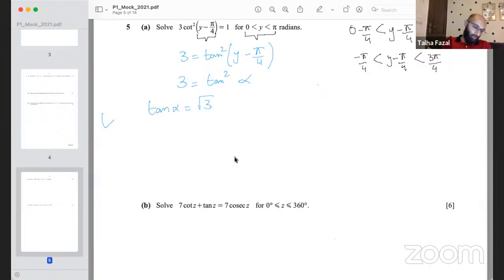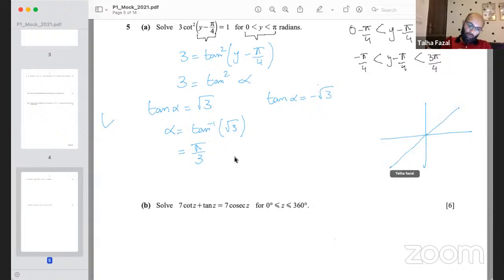All right. So once you try and find out your basic angle, it will be tangent inverse of root 3, which is going to be pi by 3. Now, obviously, I'll have two values. One is going to be negative and the other one is going to be positive. So first try and solve for positive values of tangent.